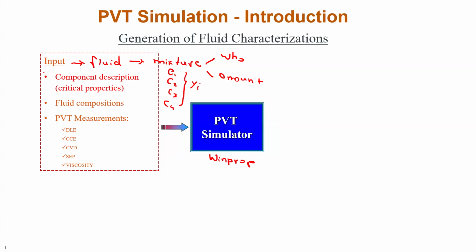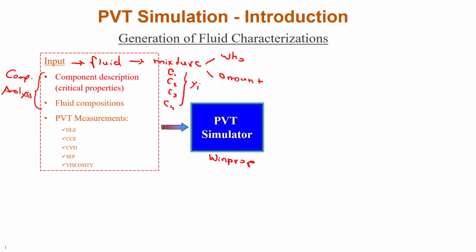So the compositional analysis is the relationship between which components are involved in your mixture and how much of these components you have in your mixture. Okay, this is the first part, to know about the components involved in the mixtures.